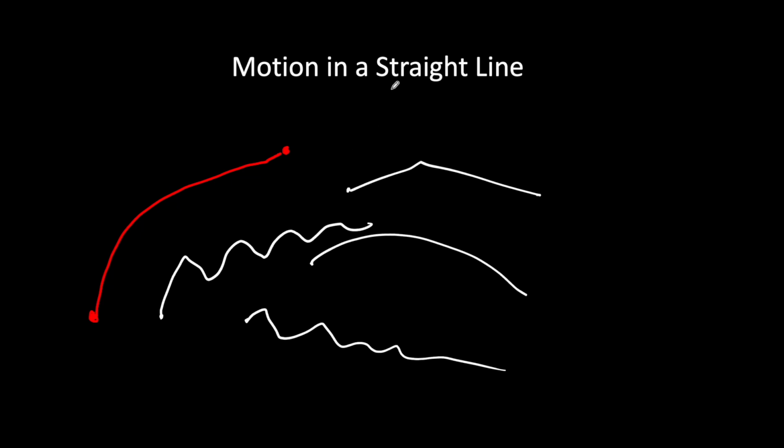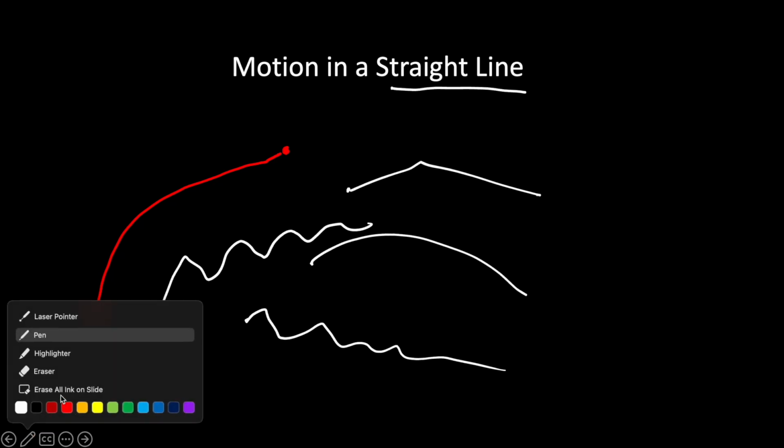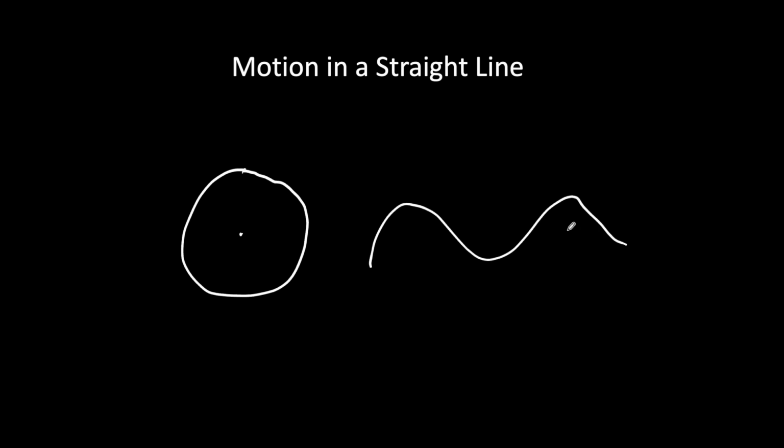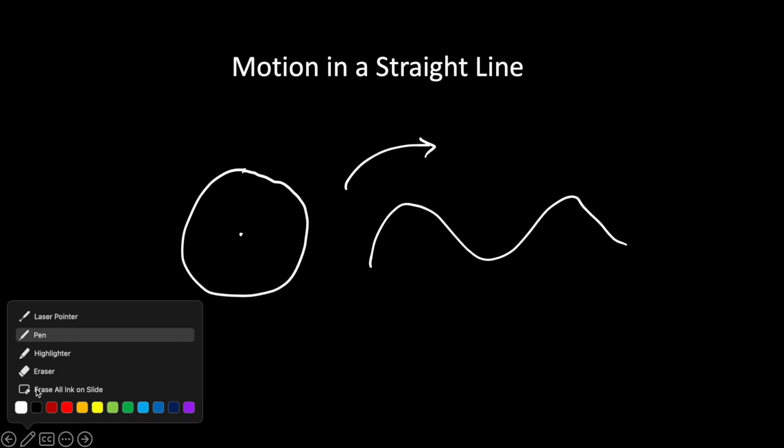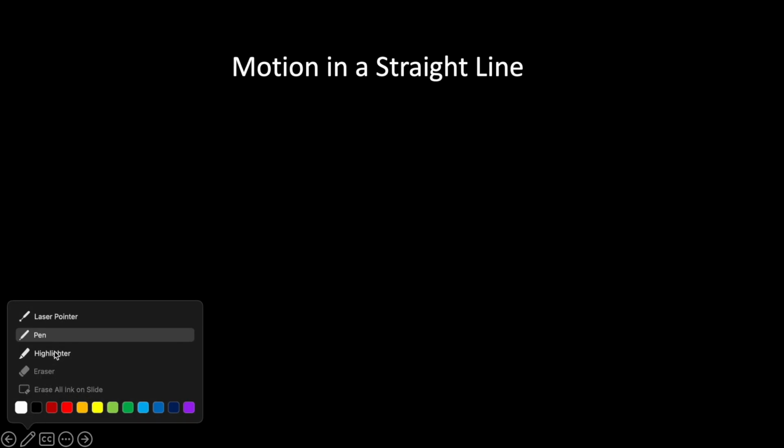Here in this chapter we are going to study about motions in a straight line. We are not bothered about, say, circular motion. There is circular motion, there is a wave like motion, there is angular motion, etc. We are not worried about those things. We are going to study only one type of motion, that is a straight line motion from here to here.